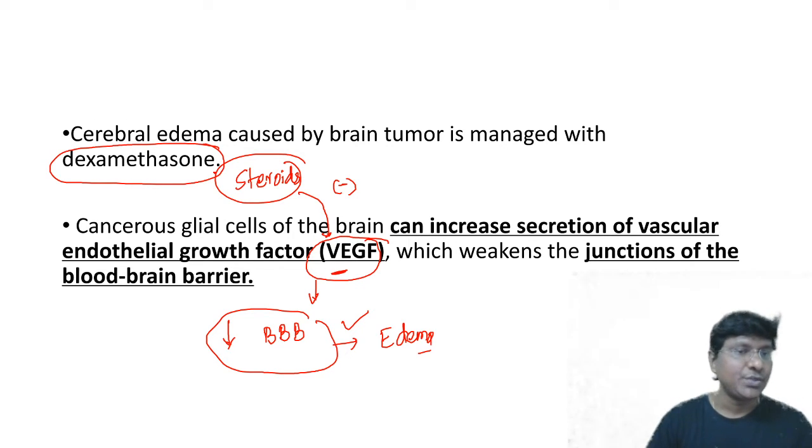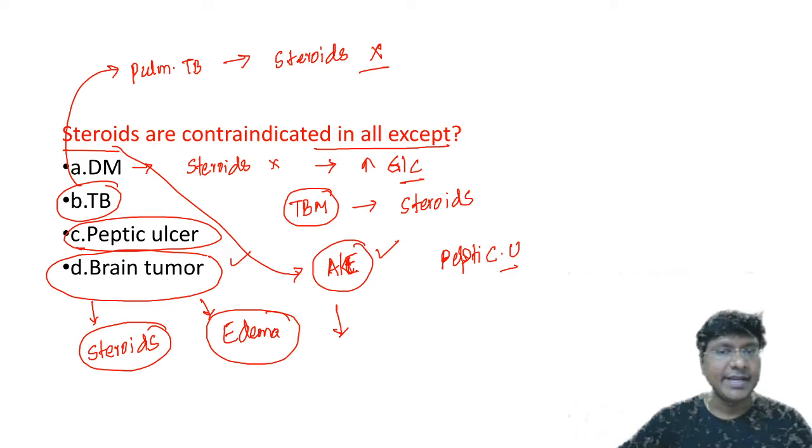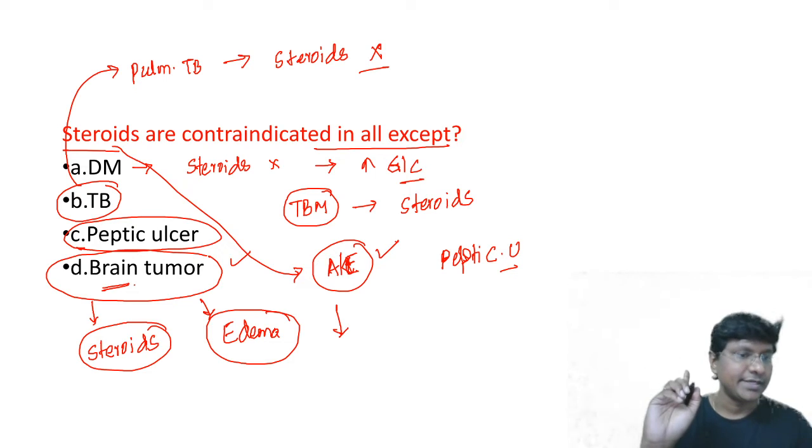Dexamethasone is the one you give in patients suffering with cerebral edema, and that will reduce vascular endothelial growth factor production. So the answer to this question: steroids are contraindicated in all except brain tumor. In all other conditions, it is contraindicated. Now, we will move on to the next question.